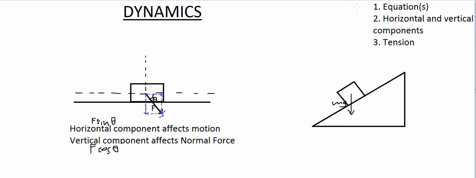In fact, you can use the concept of horizontal and vertical components to split the weight into different components. Horizontal is with respect to the object, vertical is like this. So you can split it into these two components.